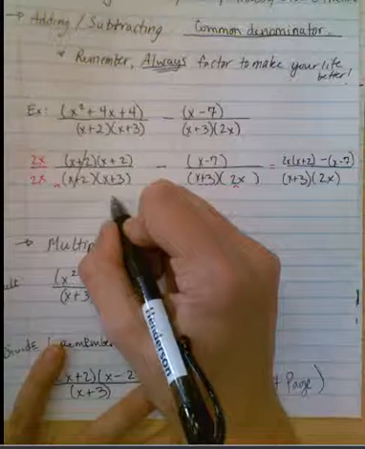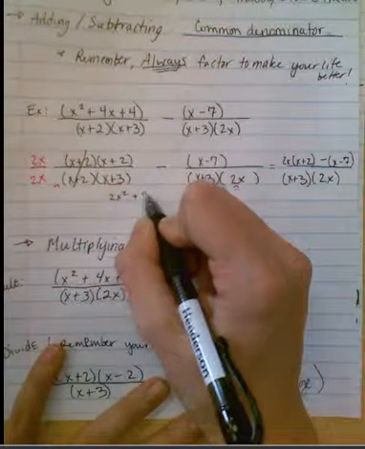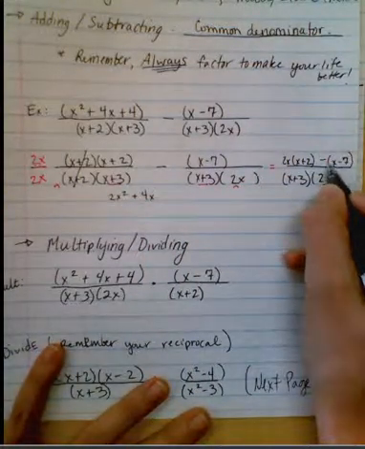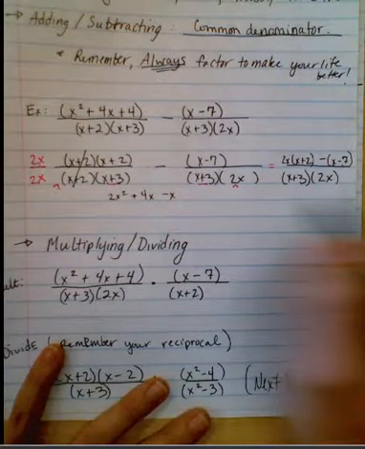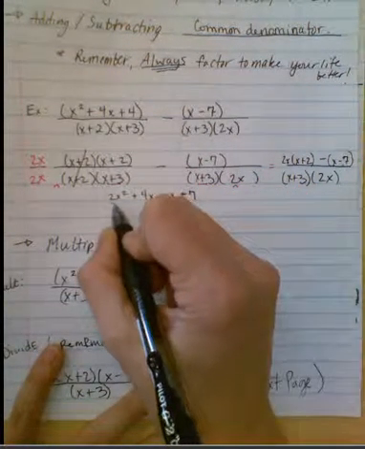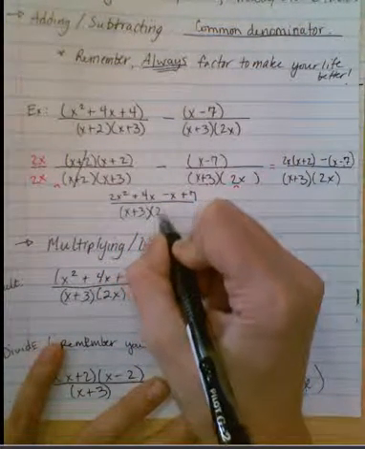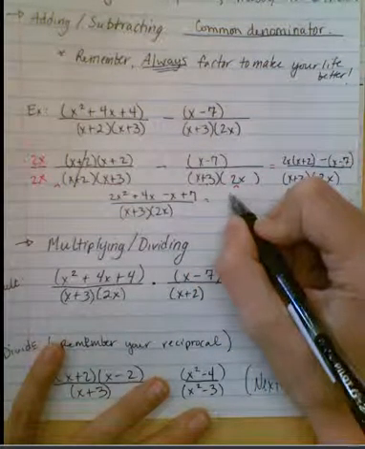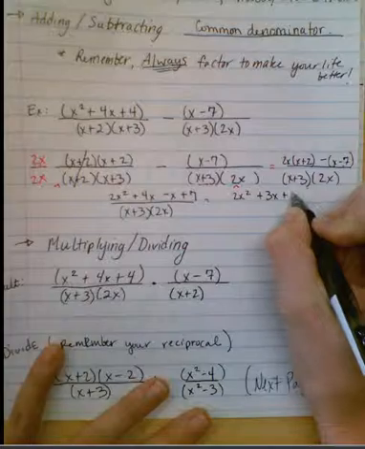So we're going to have 2x squared from this, plus 4x minus x, here's where you're going to make your mistake, plus 7. These can combine. This is all over x plus 3 times 2x, equals 2x squared plus 3x plus 7.